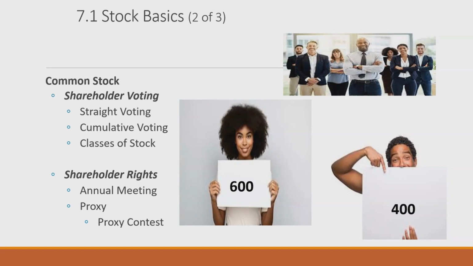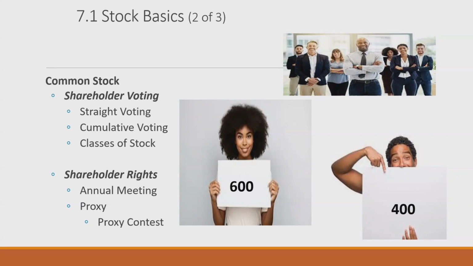For example, Nike possesses Class A and Class B stock, with founder Phil Knight owning the majority of Class A shares, granting him significant voting power in electing directors.